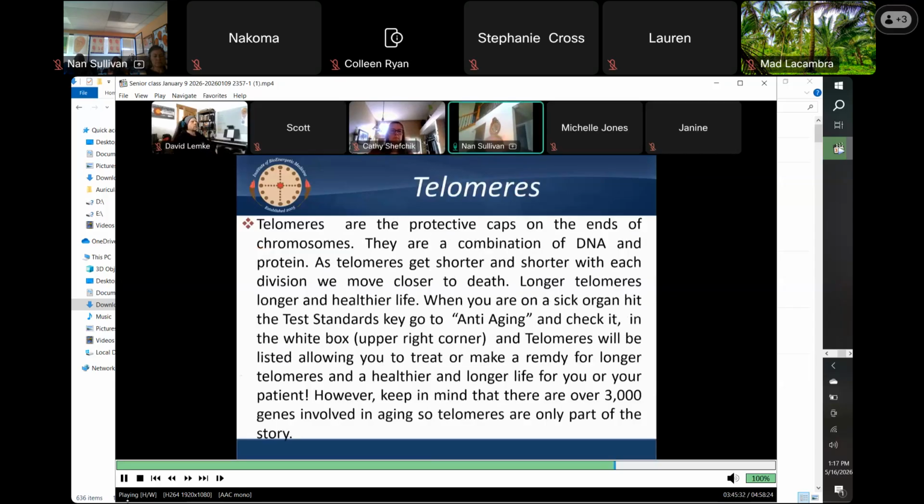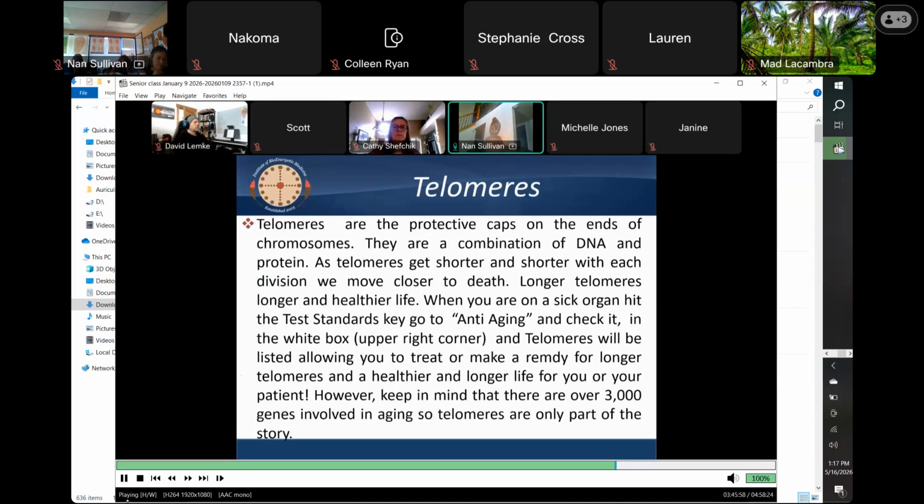Telomeres are the protective caps on the ends of chromosomes. They are a combination of DNA and protein. As telomeres get shorter and shorter with each division, we move closer to death. Longer telomeres give us a longer and healthier life.